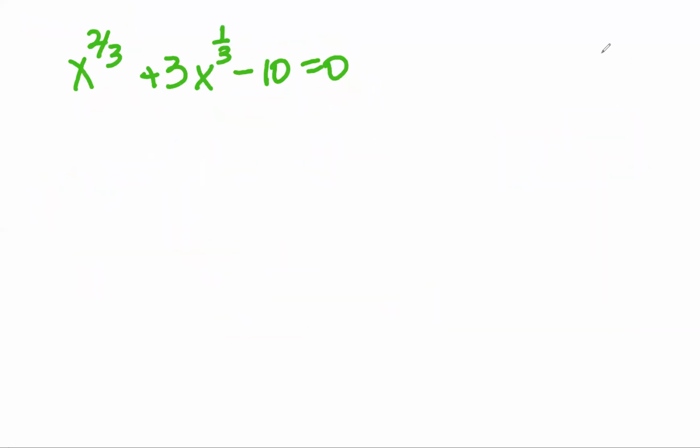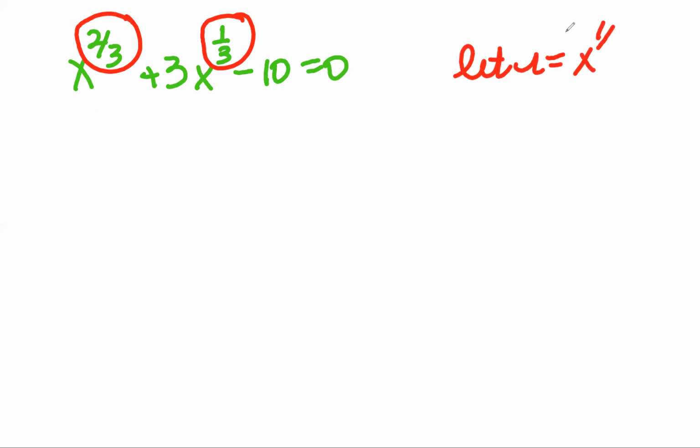Okay, this one, again, think about what I said last time. If this is half of that, it is possible to try to factor. So that is half of it. So we're going to say, let u equal x to the 1/3 power. So substituting it in would give me u squared plus 3u minus 10 is equal to 0.